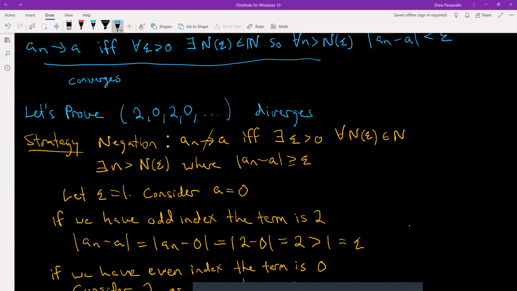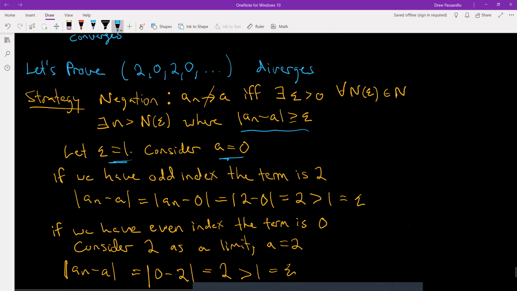Then the absolute value of a_n minus A, which is the absolute value of a_n minus 0 because we're considering A being 0, for the odd terms is 2 minus 0, which is equal to 2. And now 2 is greater than 1, which is what we're using for epsilon. So I've produced a value that falls into this criterion.